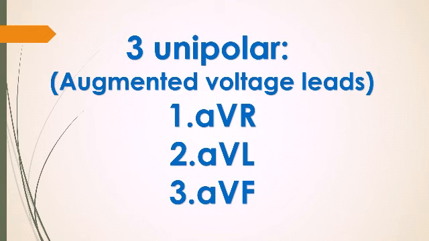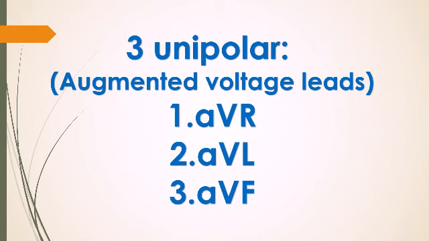AVR stands for augmented voltage right arm lead, AVL stands for augmented voltage left arm lead, and AVF stands for augmented voltage left foot lead. Those are the 3 unipolar leads. Adding the other 3 bipolar leads, in total there are 6 limb leads.